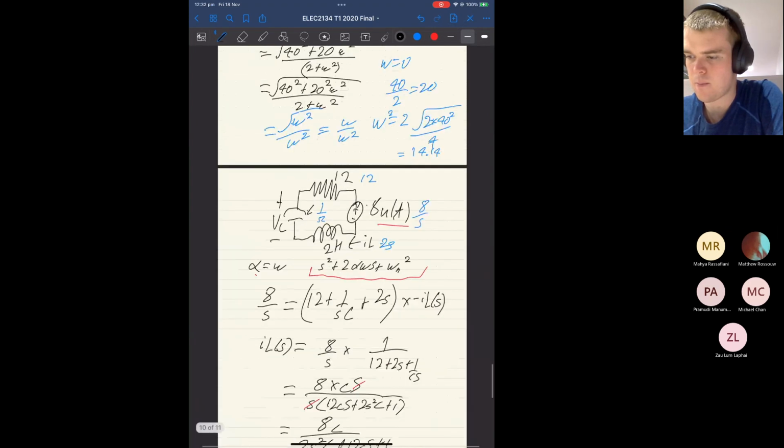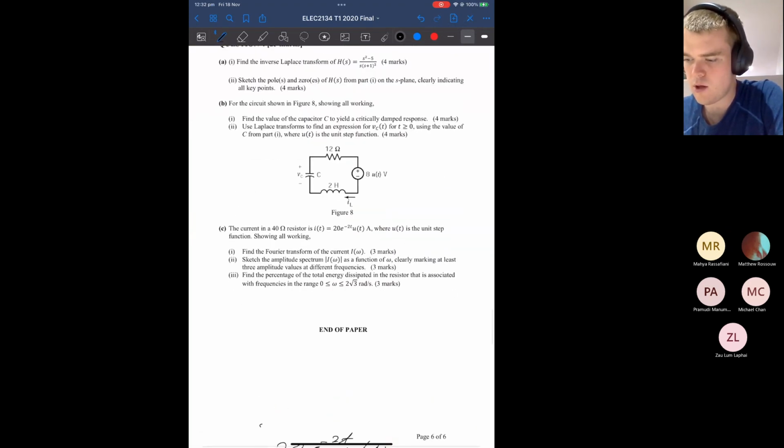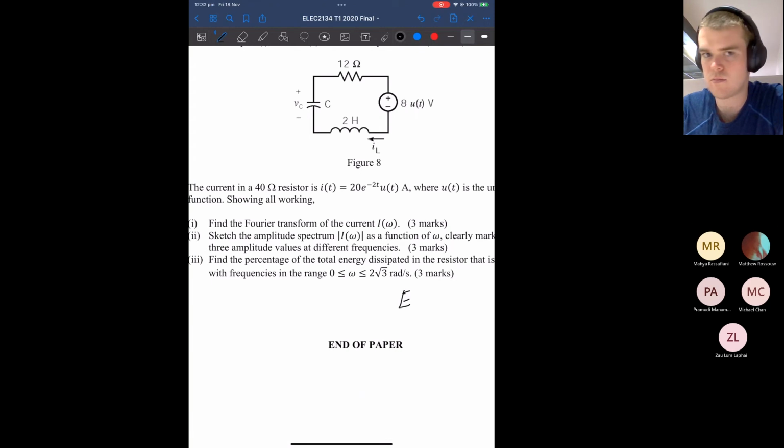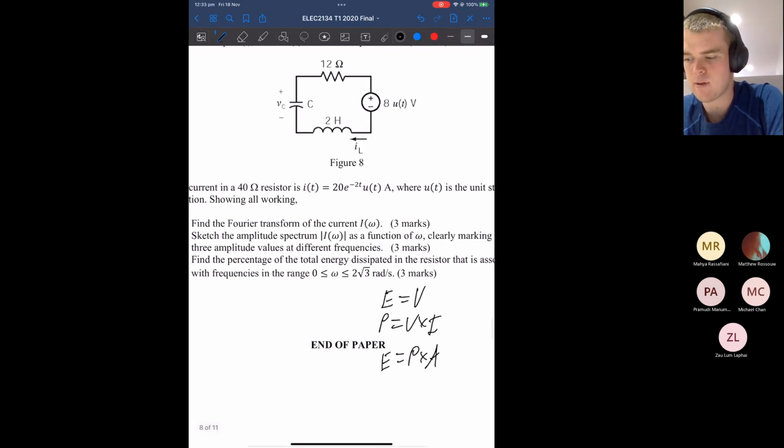Okay, so find the percentage of the total energy. Now, what is energy? I know it seems like a weird question, but power is the voltage times the current, and energy is just power times time.